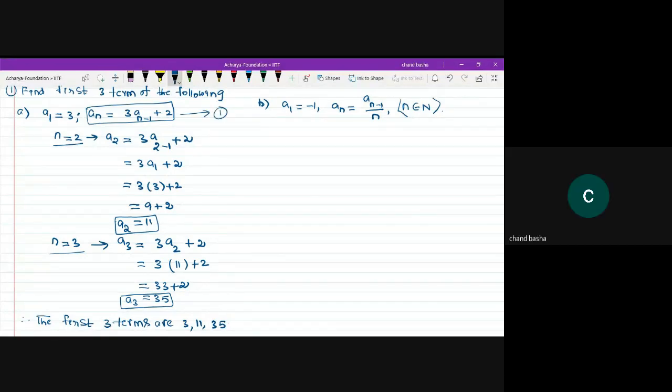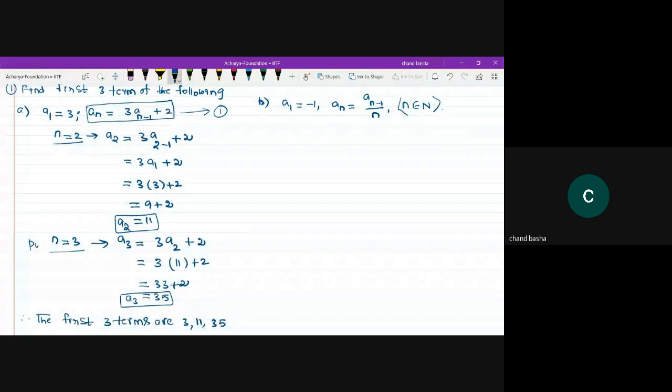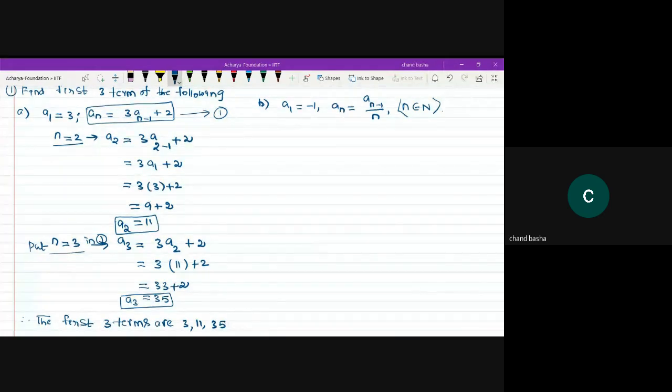I'll write once again. See here, in equation number 1. Put n equal to 3. The A2 value we have already calculated above. A2 is equal to 11. Already we have calculated it here.